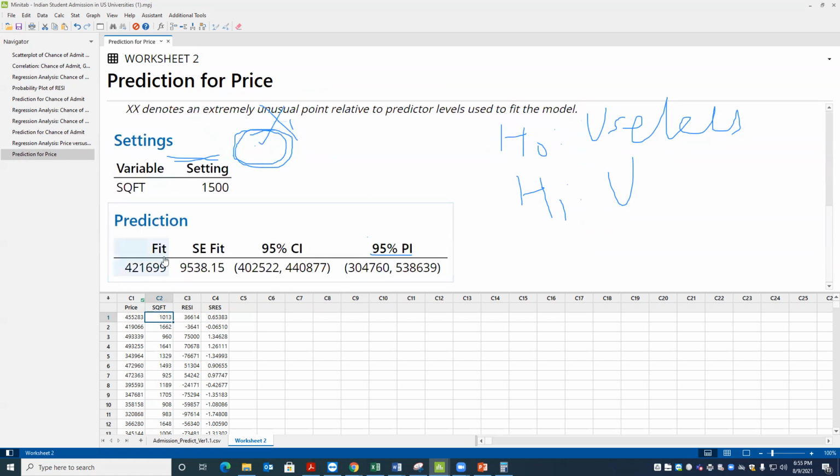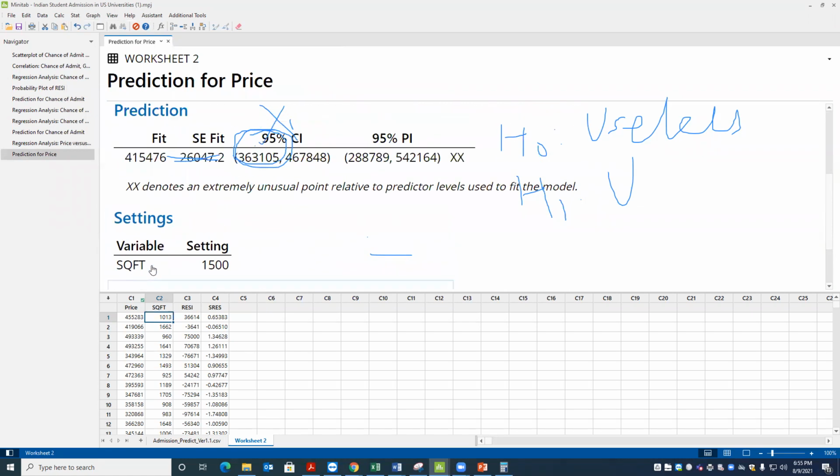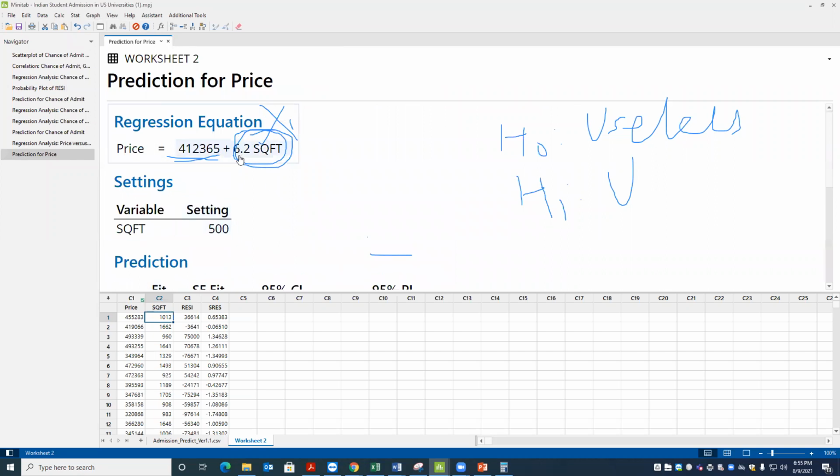For 1500 square feet, you are increasing by 1,000 square feet but the price increases by only around $5,000. This means square feet is insignificant, useless.